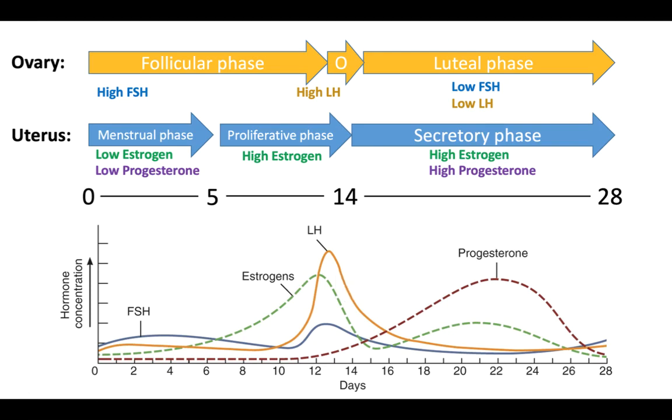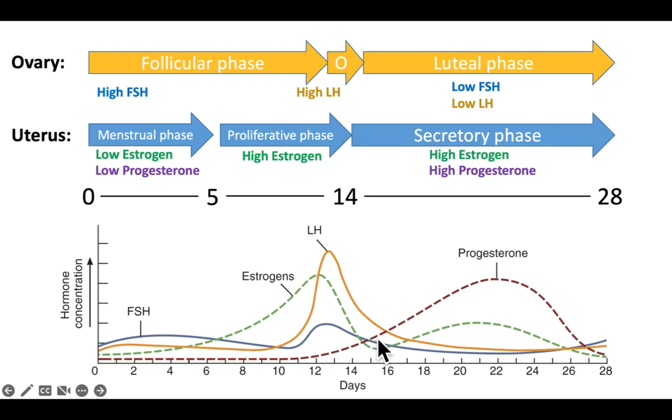Then what happens? Well, the corpus luteum forms, and when the corpus luteum forms, we see an increase in progesterone. We see an increase in estrogen. This diagram doesn't show the relaxin and inhibin, but they go up as well. Now remember the negative feedback.